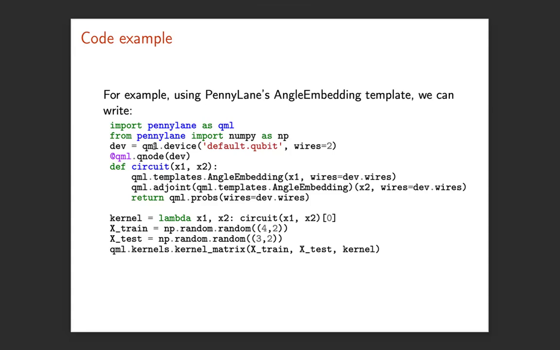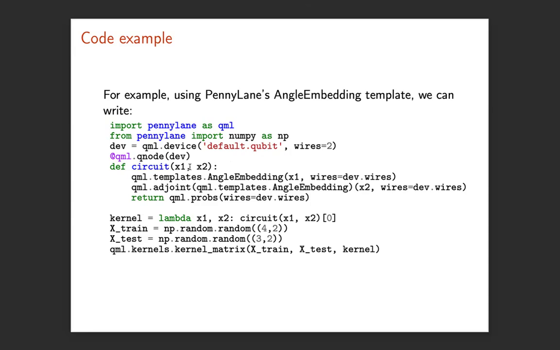So you would then define your quantum machine learning device. Wires correspond to the number of qubits. So in this case, you would have 2 qubits. And then we define this quantum machine learning quantum node, which then inherits this device. And then in this particular case, we have defined just 2 simple data sets.